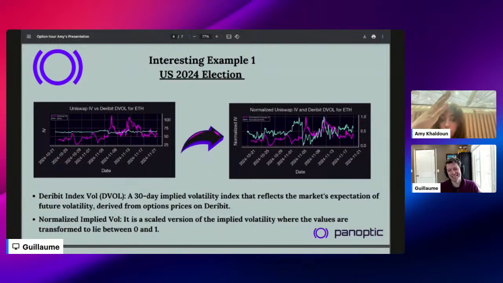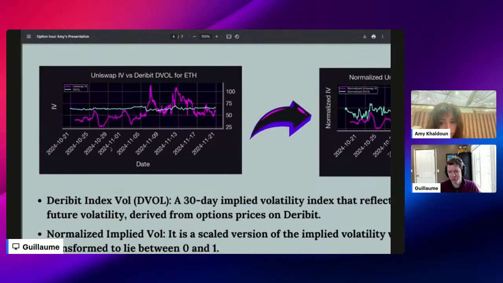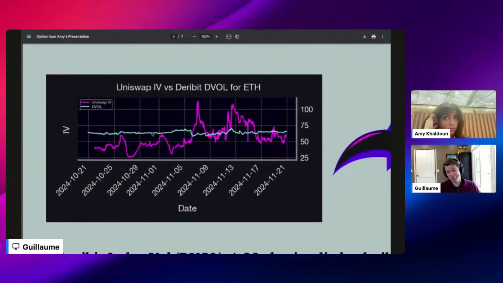If I may add, the inefficiencies that you're seeing, and I'm trying to zoom out: Deribit's billions of dollars of TVL are somewhat tame compared to Uniswap, and it's just two different markets. Because there's so much money in Deribit, you can assume that the IV is going to be much more stable, and because Uniswap doesn't have enough, the capital is not thinking in terms of options enough as of yet.